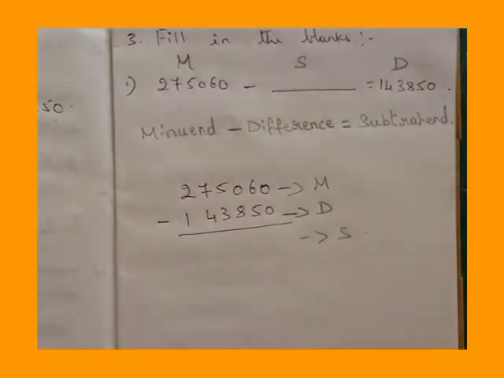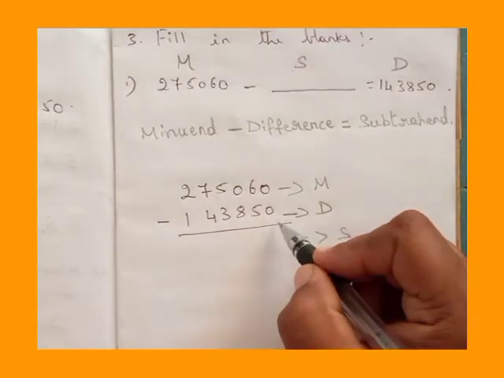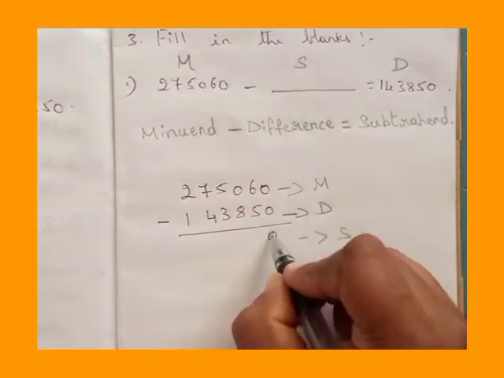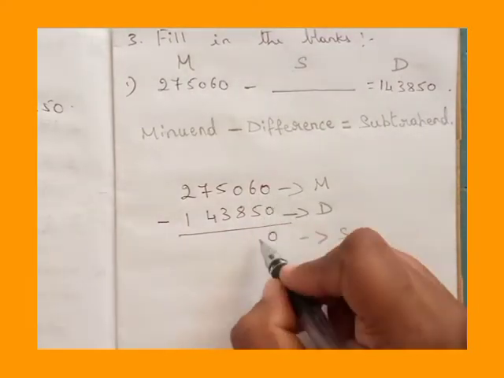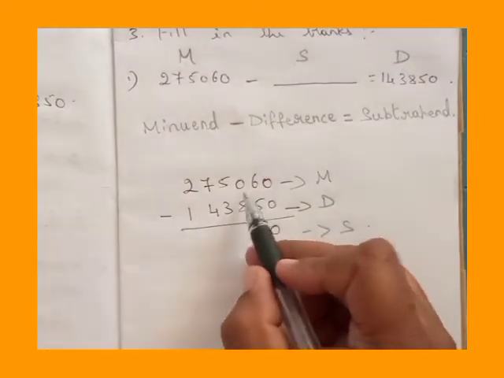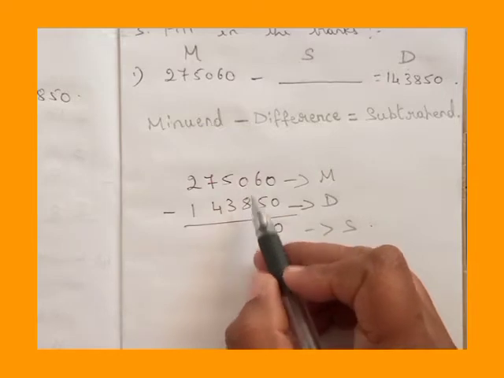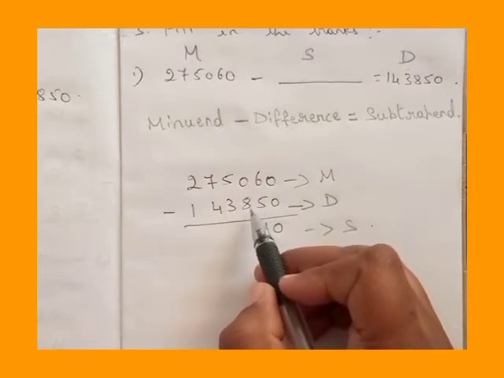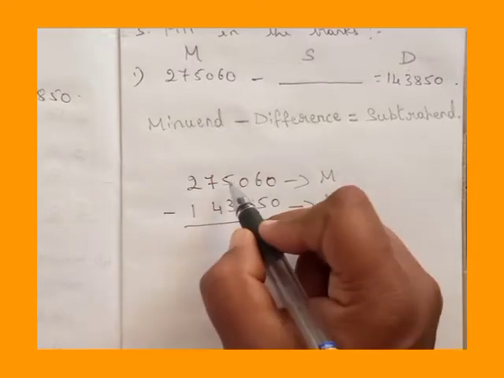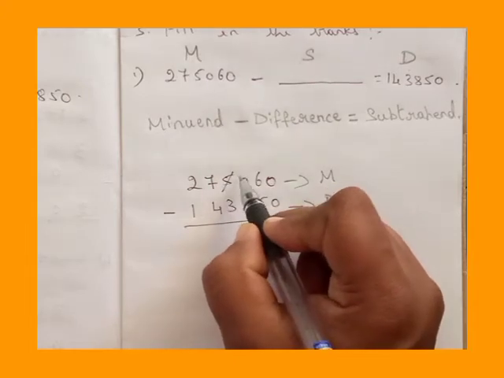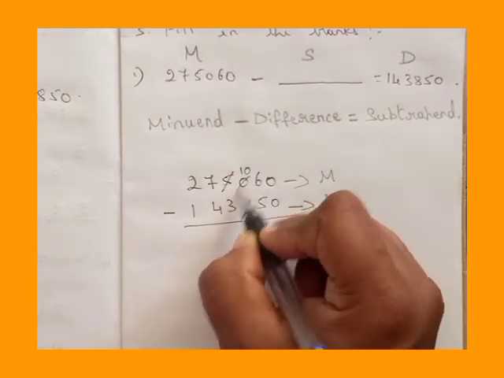So let's find out. 0 minus 0, 0. 6 minus 5, 1. Here, dear children, 0, and does 8 go into 0? No. So what should you do? Borrow 1 from 5. So this will become 10, dear children.